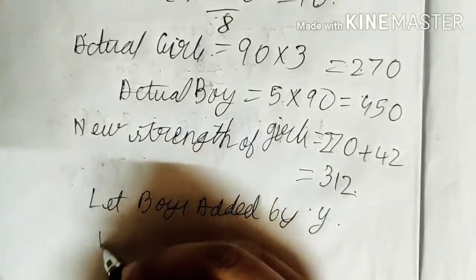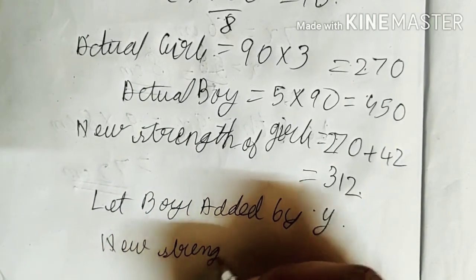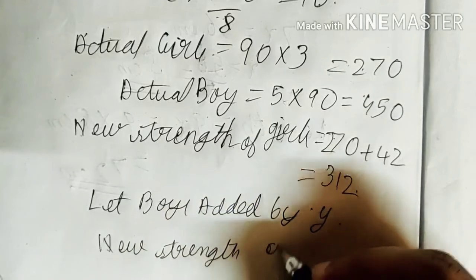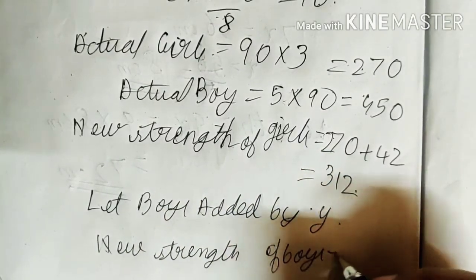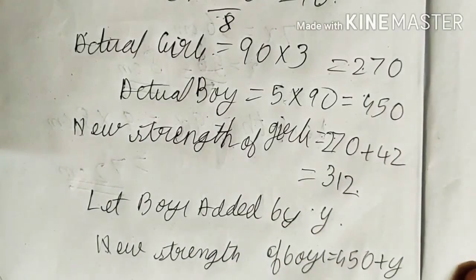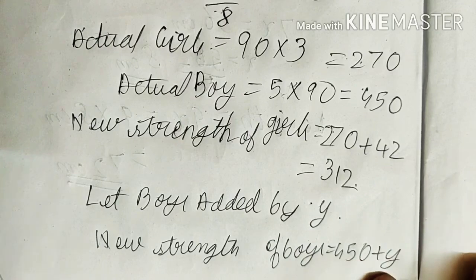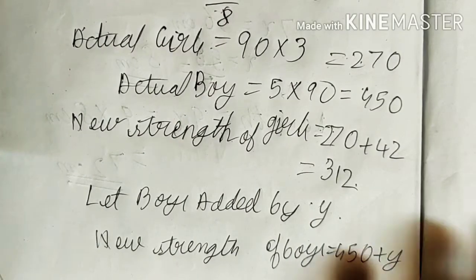So the new strength of boys is 450 plus y. We know the actual strength before, so the new strength becomes 450 plus y.